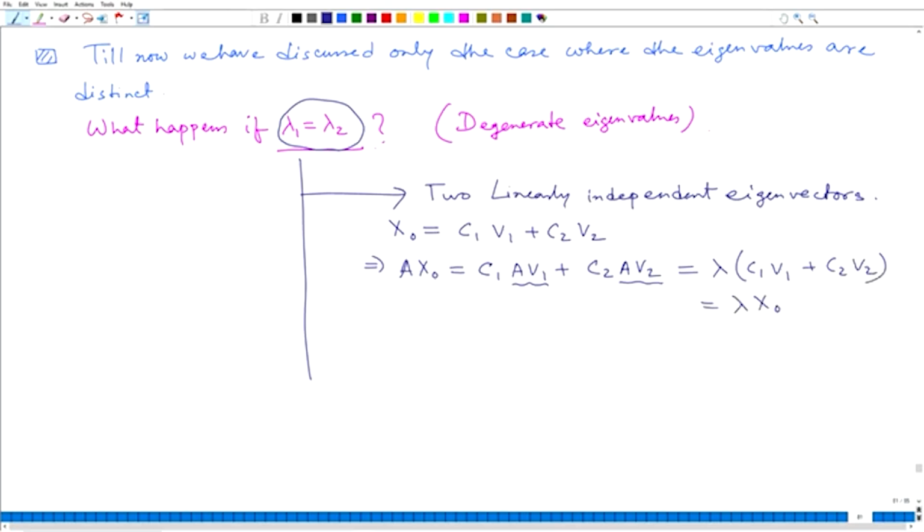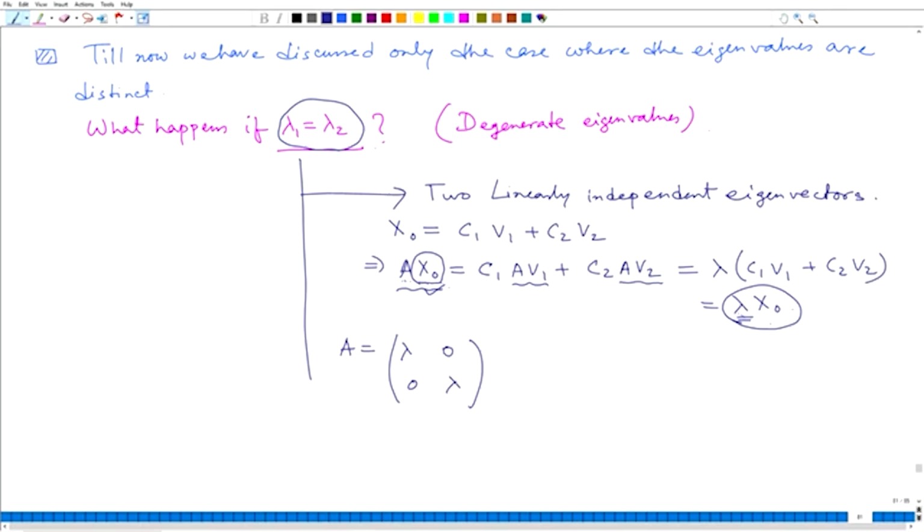So, if you simply apply A on this x0, you will see that it will simply be dilated by a factor lambda. And that simply says that A is nothing but a diagonal matrix, lambda 0 0 lambda, and x0 is its eigenvector.